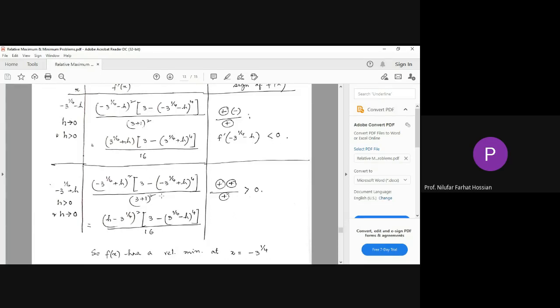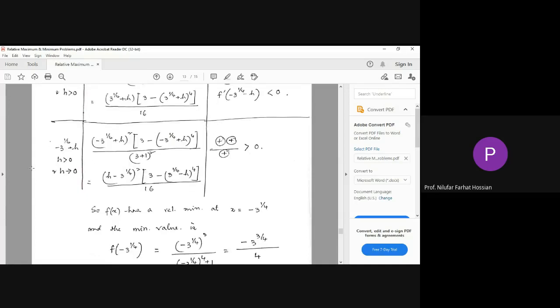And what happens here? It is minus 3 to the power 1 by 4 plus h. So again, I am taking a minus sign common because it will help you to determine the sign. Take minus sign common. Minus sign whole to the power 4 gives you positive sign. So this sign is not changing.